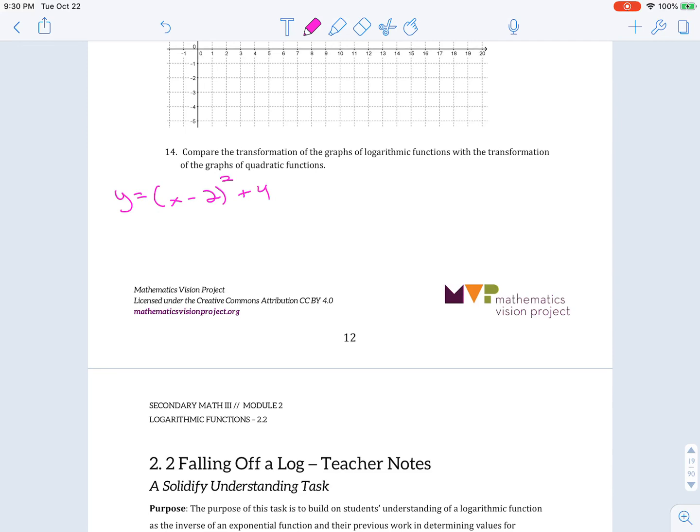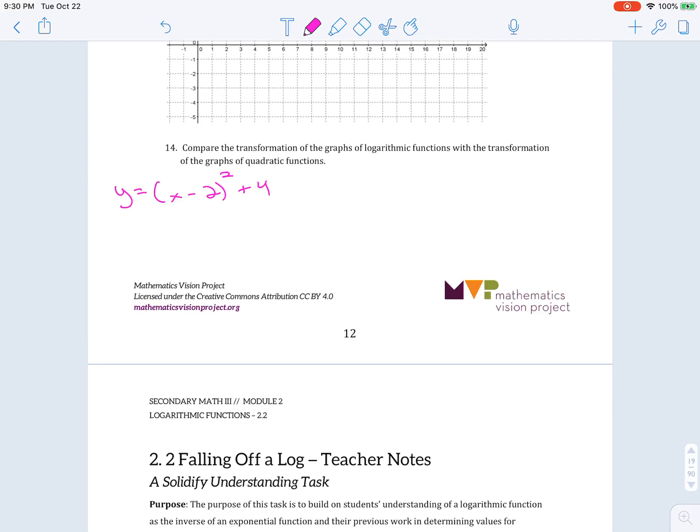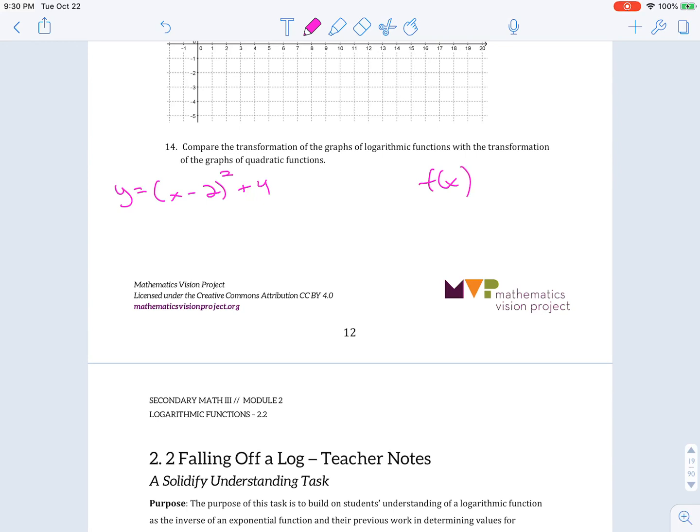We'll get into that when I get back. So for now, you just need to know what makes it go vertical. In your log function, if I have log x, minus or plus, whatever it is, and then I have something in front of it, minus or plus, whatever it is, this is horizontal, and this is vertical.